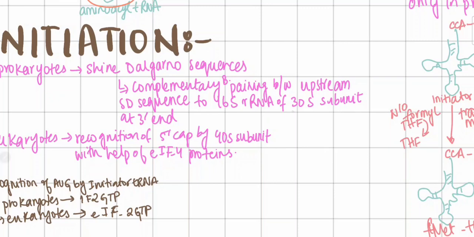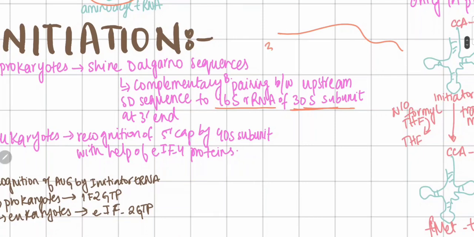This means that the 30S subunit of the ribosome has some 16S RNA, which has some sequences upstream to it. For example, this is the 16S ribosomal RNA, and upstream to it, like at the 3' end, Shine-Dalgarno sequences are present.